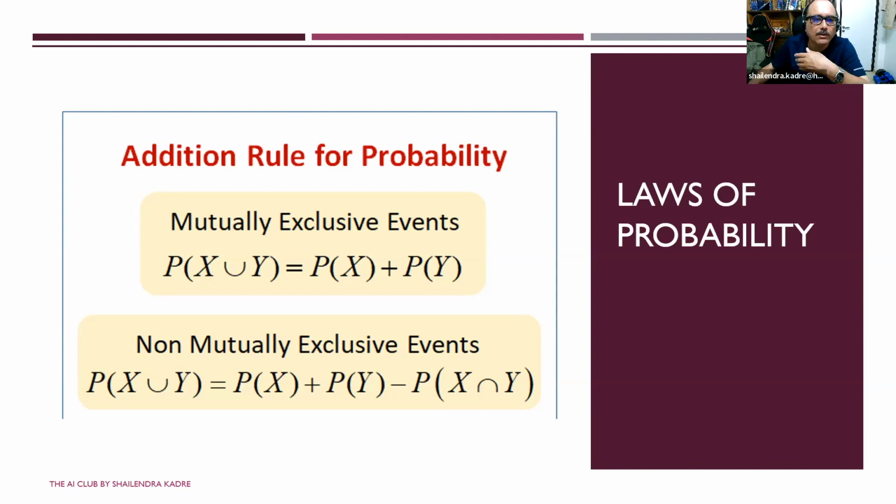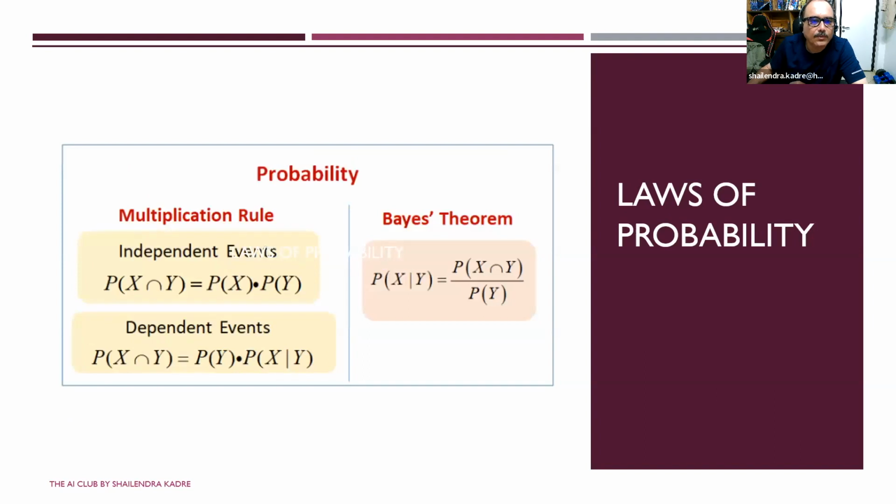Addition rule means union. For mutually exclusive, it will be PX plus PY, and for overlapping circles, it will be PX plus PY minus P of X intersection Y. So Bayes theorem, again, you ignore.